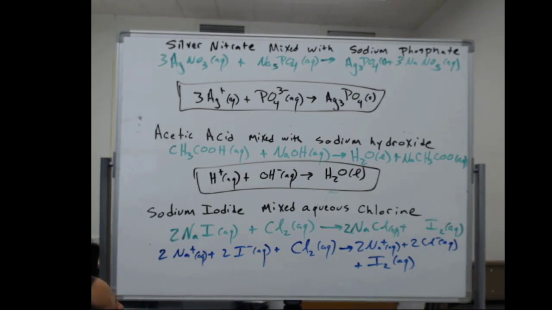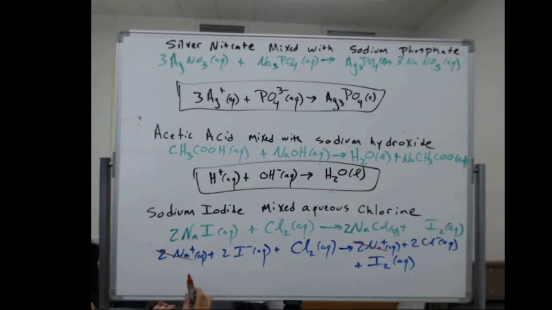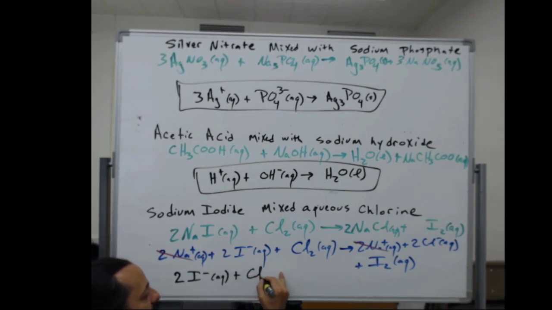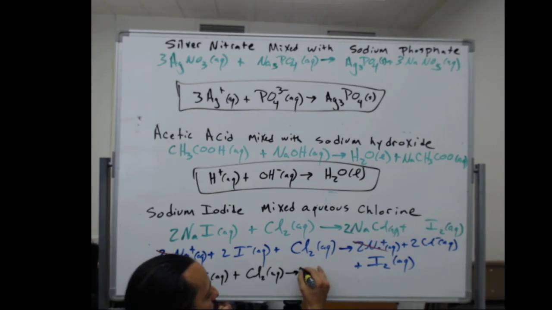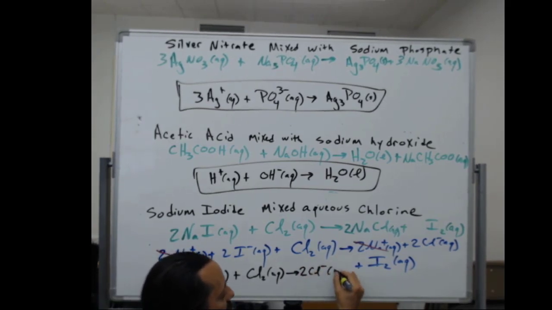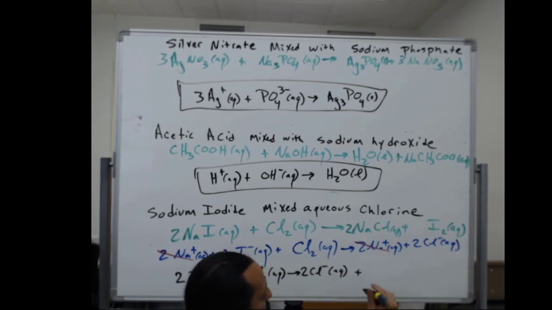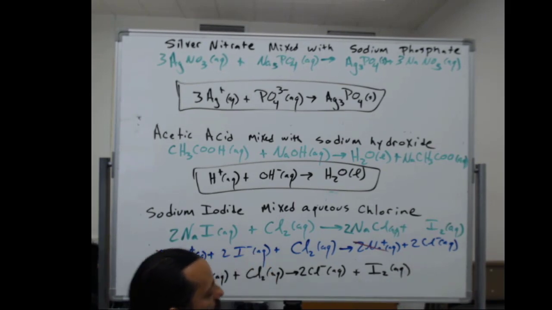Now the spectators in this case are actually just the sodium. The sodium is the spectator here. The chlorine is actually an important participant in the reaction. So we get 2 I minus aqueous plus Cl2 aqueous goes to 2 Cl minus aqueous plus, weird, I2 aqueous.